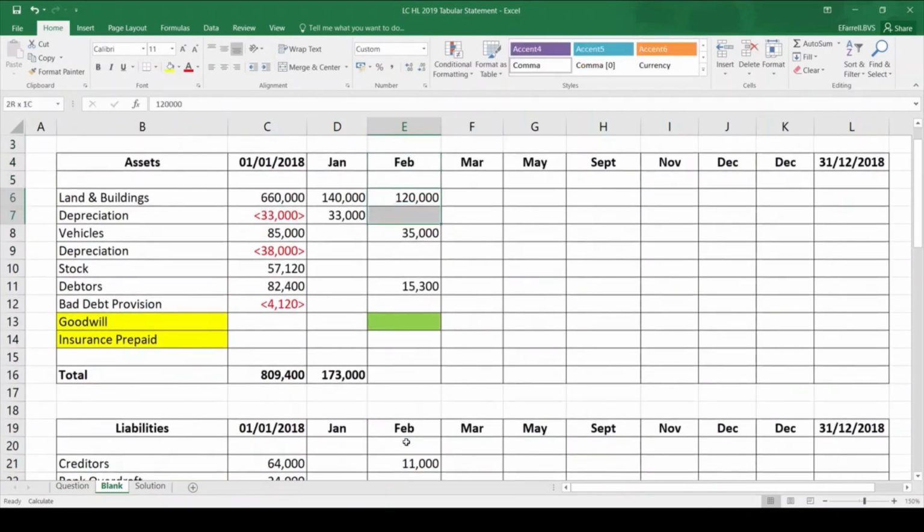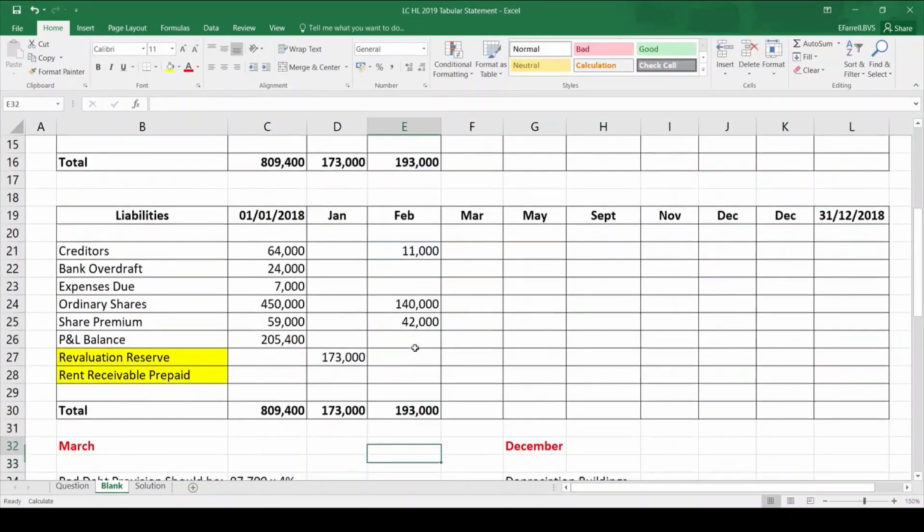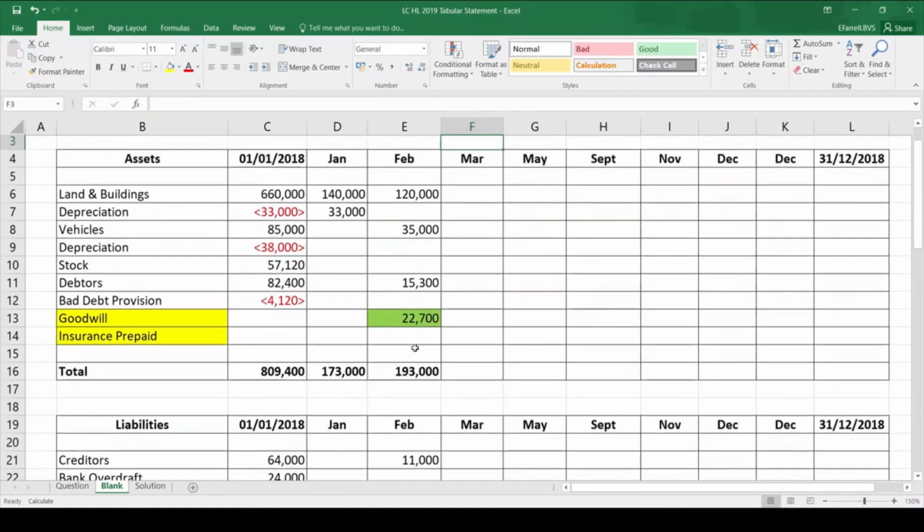At the moment, our assets come to 170,300. So the difference between 193,000 and 170,300 will go into goodwill, which is 22,700. The balancing figure, and that's why I have it highlighted there, will always go into goodwill. So I total the assets. Each month I'm going to total my assets and total my liabilities to make sure that they add up to the same figure.